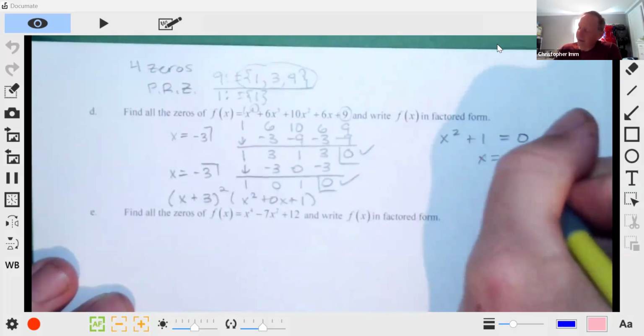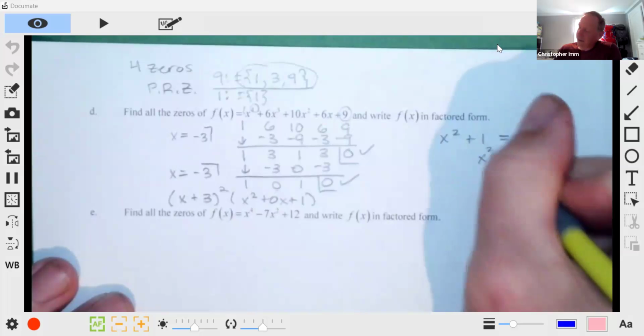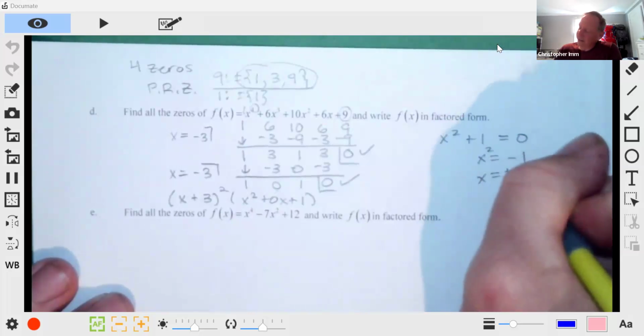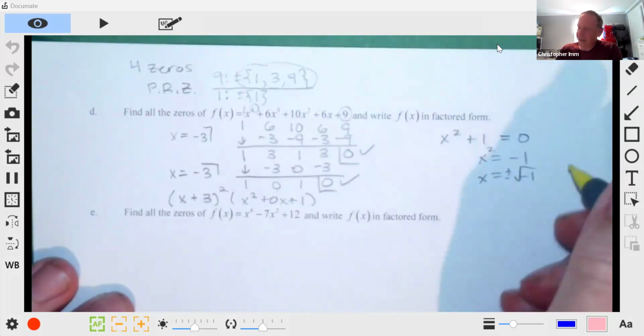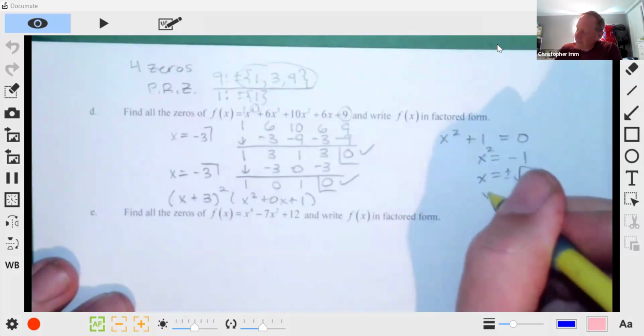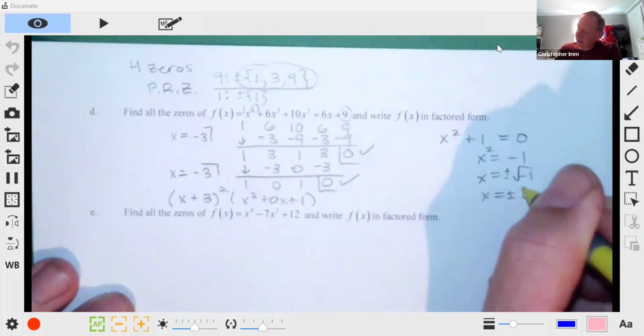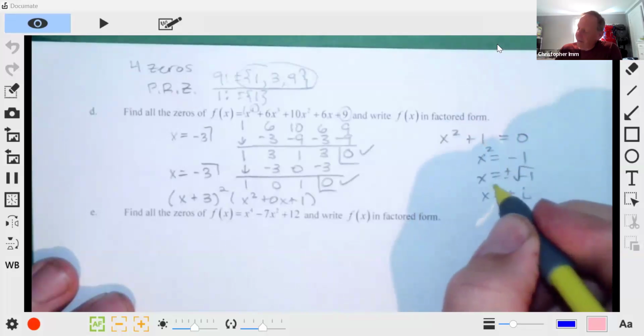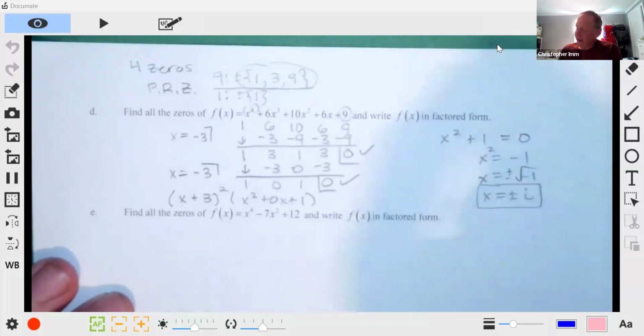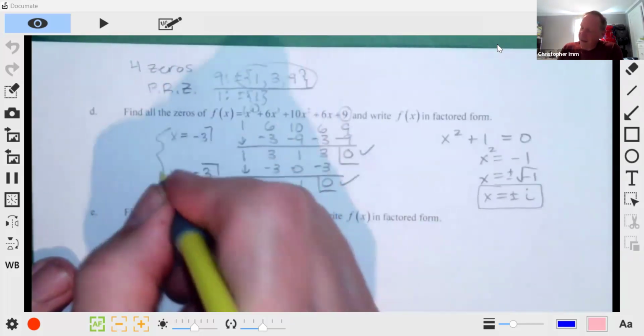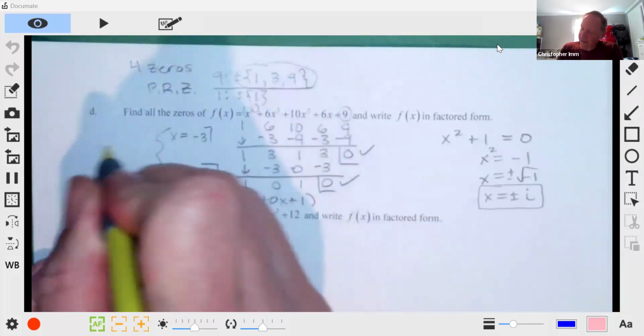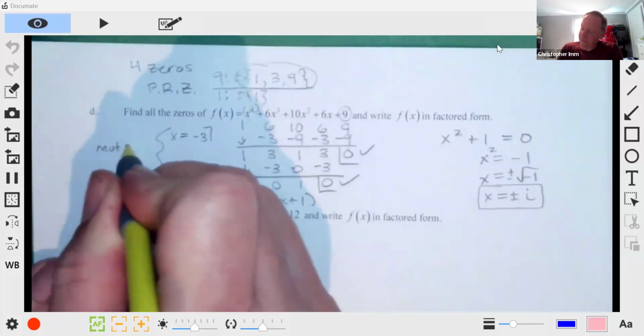I'm going to subtract the 1 over. I'm going to take plus or minus the square root of -1, and that gives me another imaginary pair. So two complex conjugates. So in this case, I see that x is equal to plus and minus i are zeros, and then x is equal to -3 is a zero of multiplicity 2.